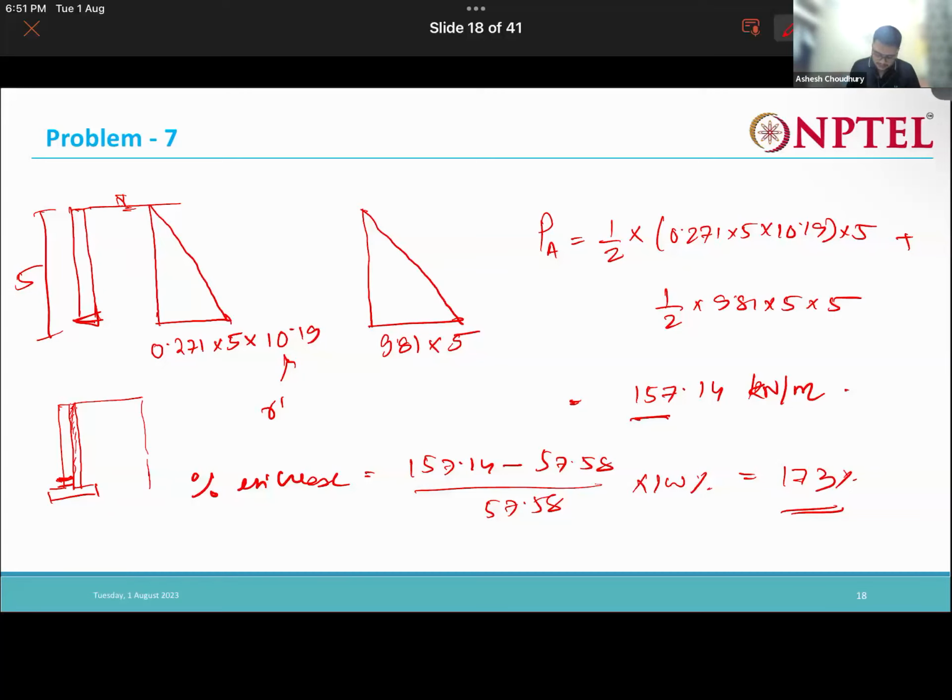So the water will come here, and the geotextile will act as both a drainage layer and also a filter layer. Why a filter layer? We'll be discussing all this in the upcoming lectures and upcoming slides.